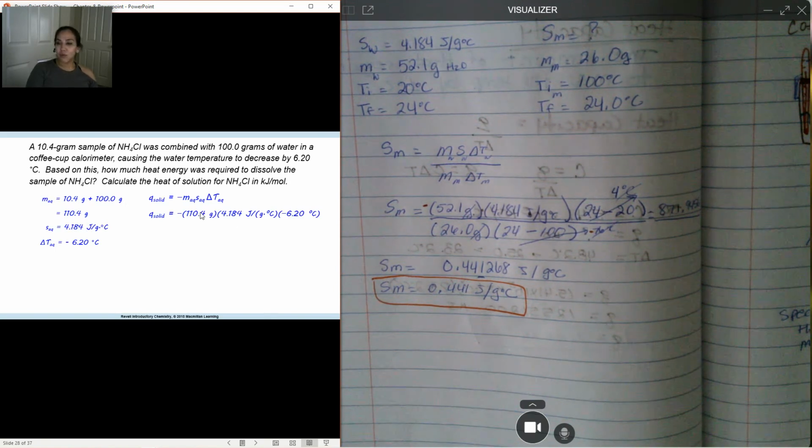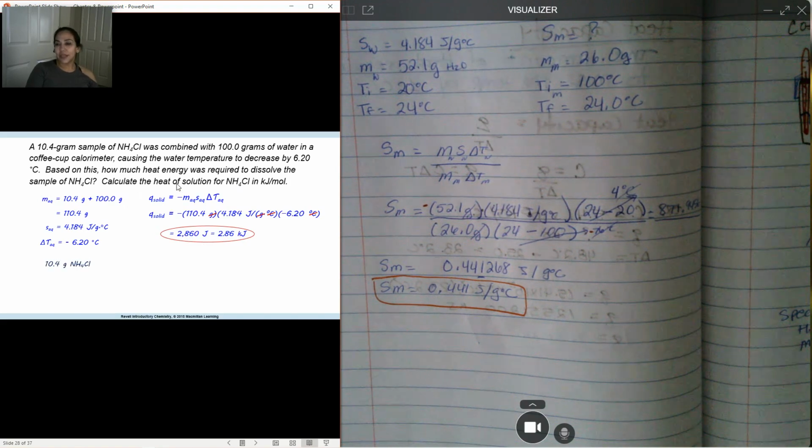The mass of water plus our ammonium chloride times the specific heat of water times the change in temperature. Cancel out all your units. Make sure grams cancels out with grams, Celsius with Celsius, and we're left with joules. Now, it's asking us to give our final answer in kilojoules, so we're going to change it to kilojoules by dividing it by 1,000.